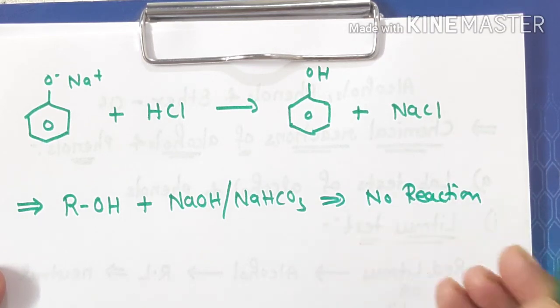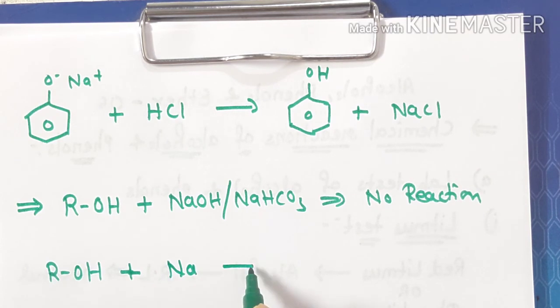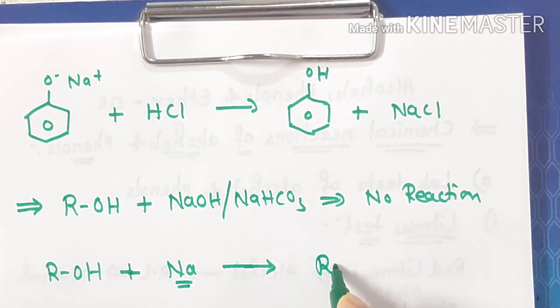But then, when the reaction was carried out using a metal like sodium, it was found that a reaction takes place. How does the reaction take place? This Na replaces this hydrogen, so what is formed?